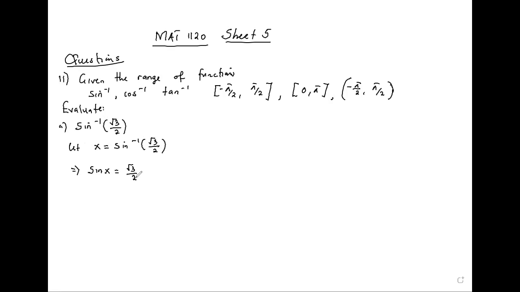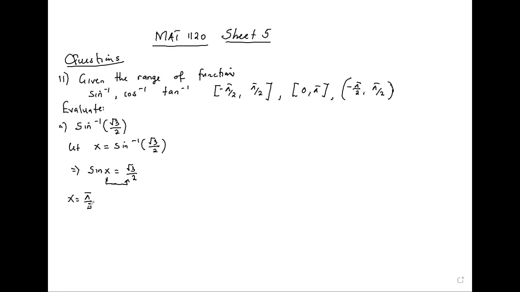Sine inverse is where you use a calculator, but if you are solving in the normal way, you write sine x is equal to root 3 over 2. We know the angle x that gives root 3 over 2 under sine is 60. Because the intervals are in radians, we write x is equal to pi over 3.